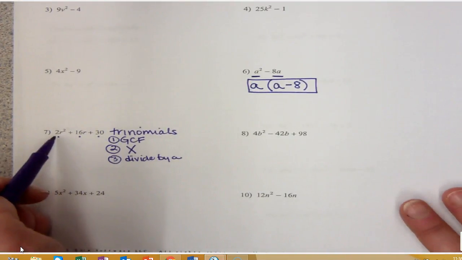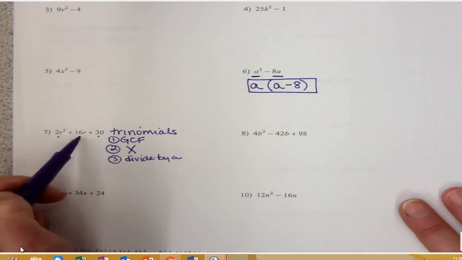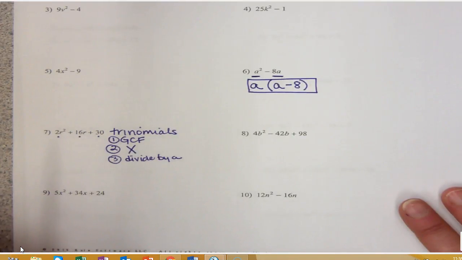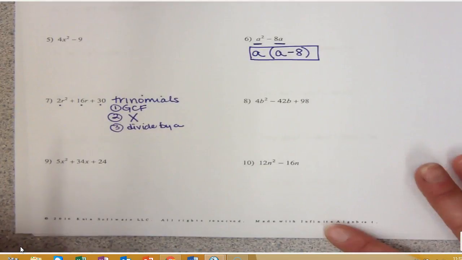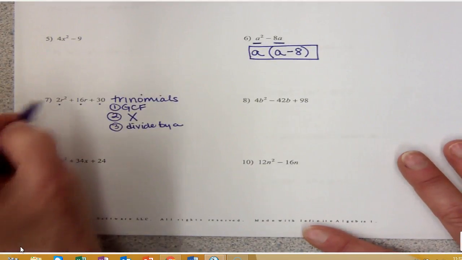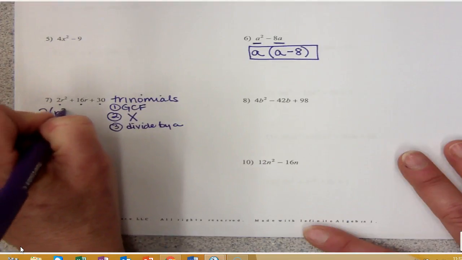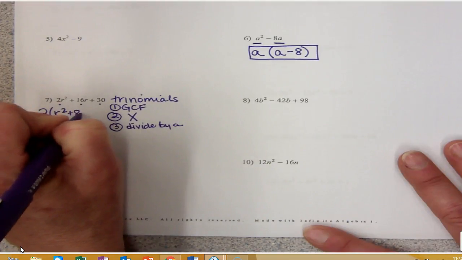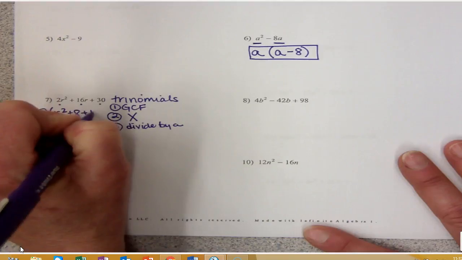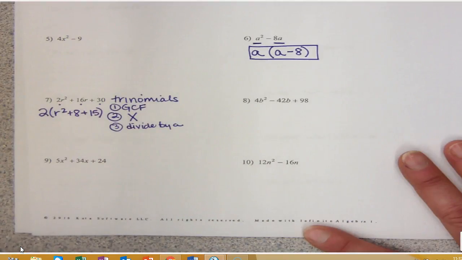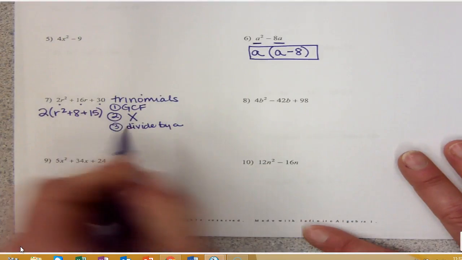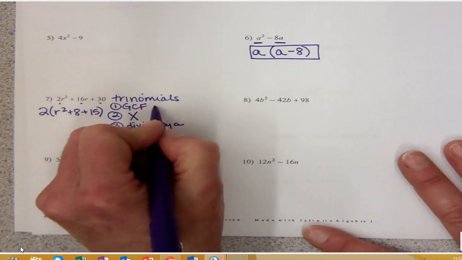So let's put that into practice. I'm going to look, is there a GCF? 2, 16, 30. What can I divide all those terms by? Well, 2. So I would be left with r squared plus 8r plus 15. Then, so that's done.